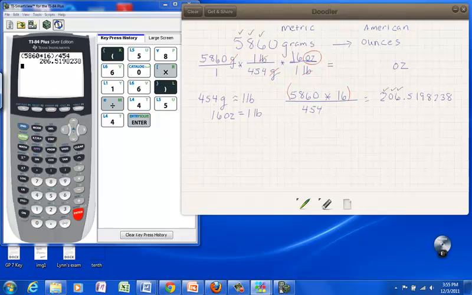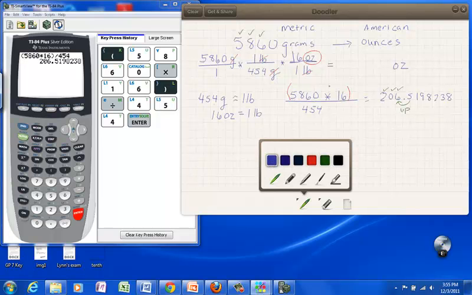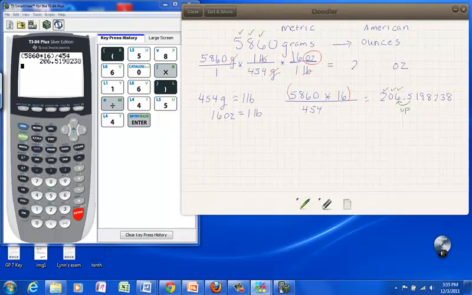Whenever I round off to a digit, you take a look at the next digit, and since that's a 5, I'm going to round that up. So my answer will be 207 ounces, rounded to 3 significant digits.